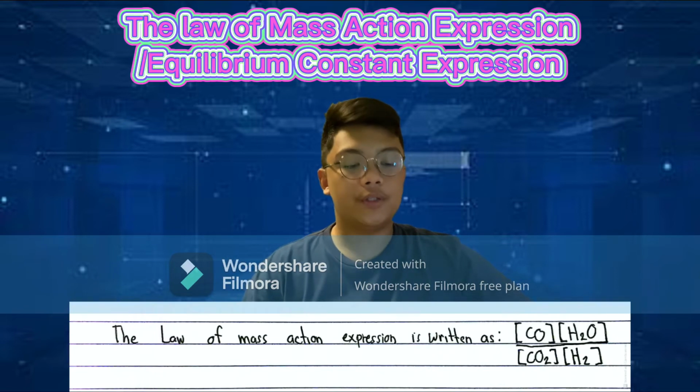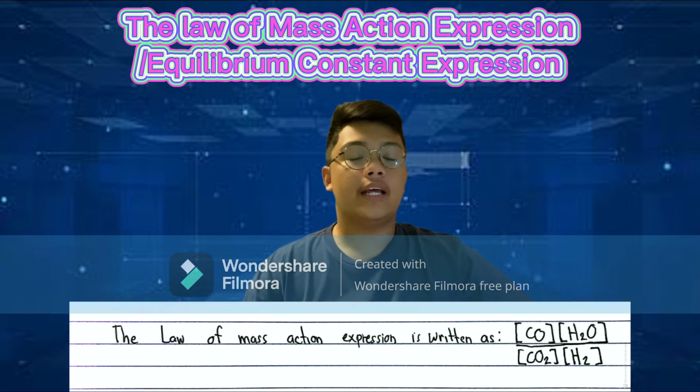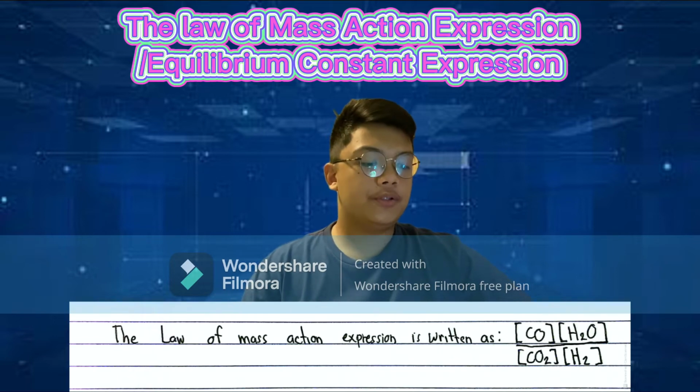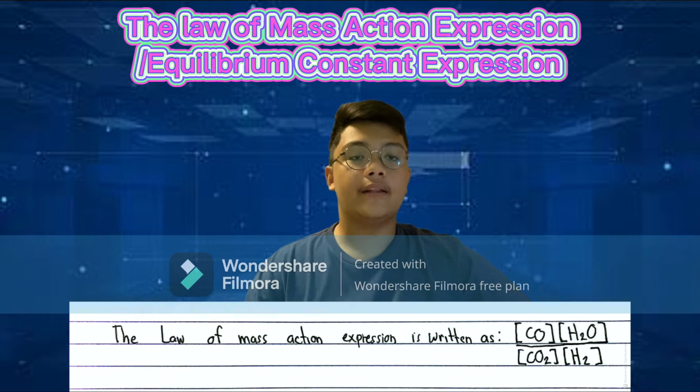After we substitute the balanced equation, the law of mass action expression is written as the numerator will be the CO and H2O, which is the C and D, and the denominator will be A and B, which is CO2 and H2.